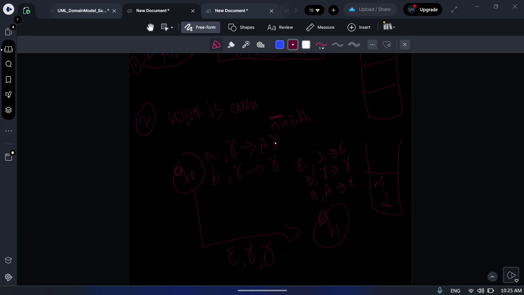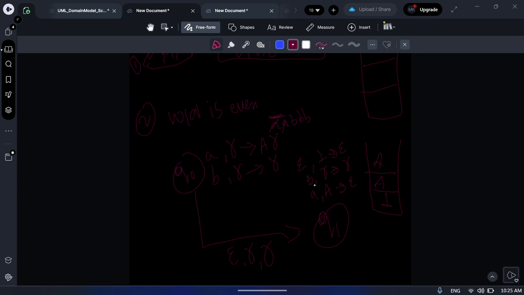What we do here is that because we know that A is even, B we don't care about. Only A's are even. So we read an A on the word, we push an A, we read a B, it doesn't matter. We read another A, we push another A, then we change the state once we're done with the A's.